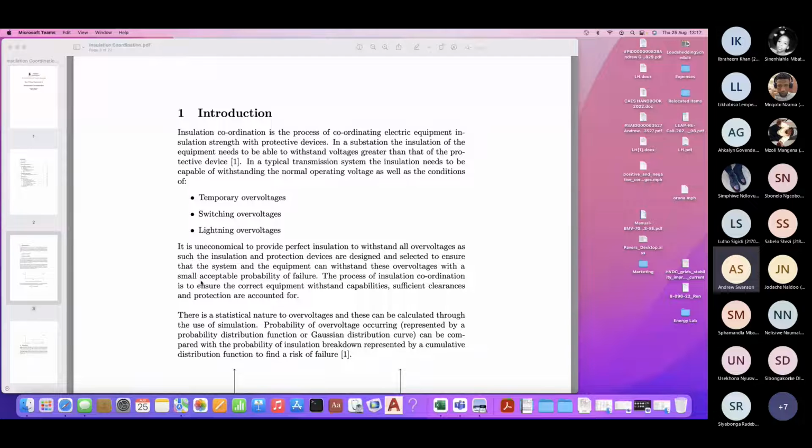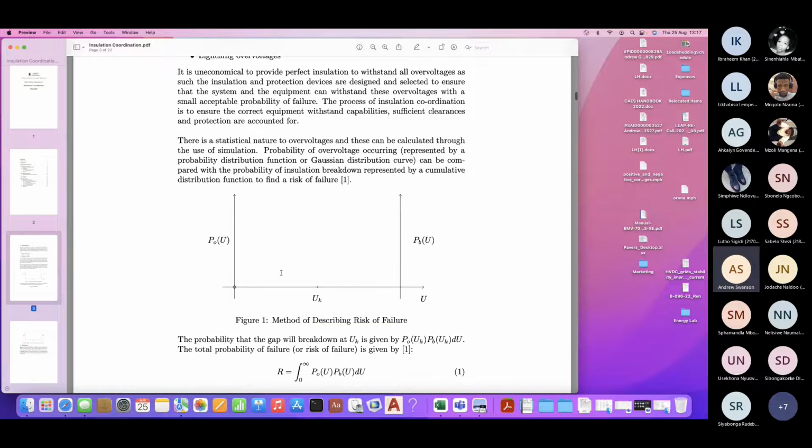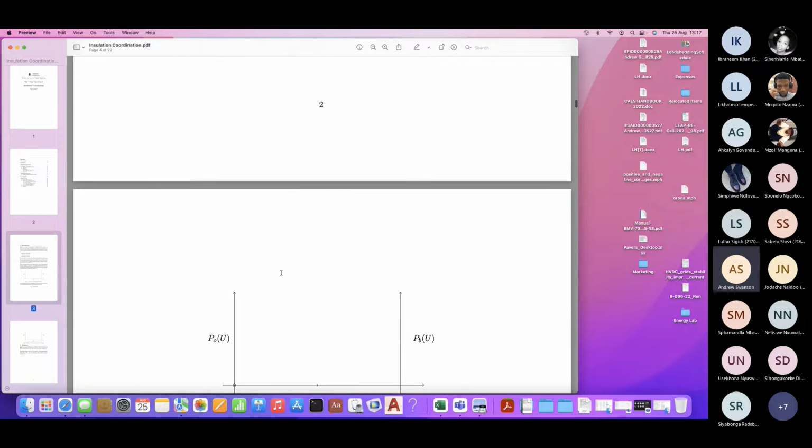So whether it's surge arresters, which we'll come to later, or whether there's a spark gap that flashes over before the equipment's going to break, or if the insulator 200 meters away has a lower breakdown voltage than the equipment. So it's all about coordinating such that you get the best protection for the most expensive equipment. Right, and it did go through that in the video.